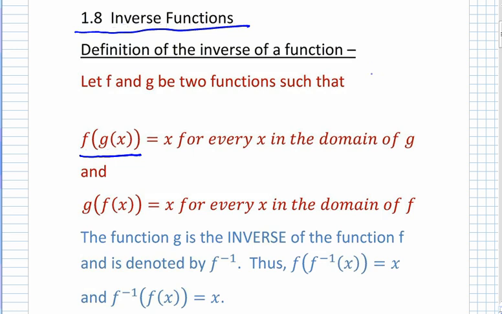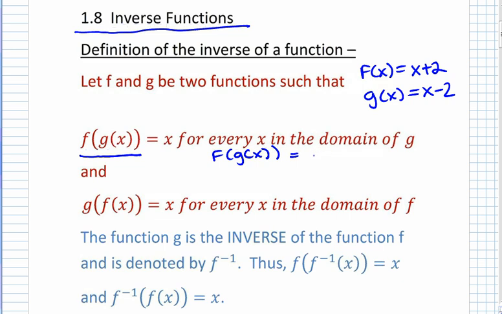So for example, if you had f of x equals x plus 2 and g of x equals x minus 2, when you do f of g of x, notice here that means it's f of x minus 2, and notice that will mean x minus 2 plus 2, which means you get x.